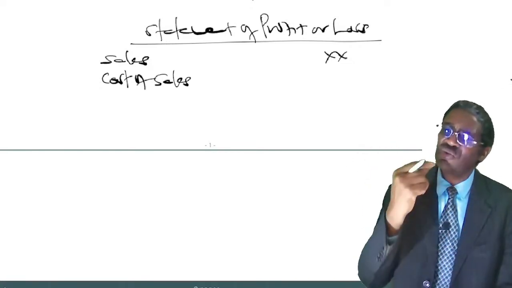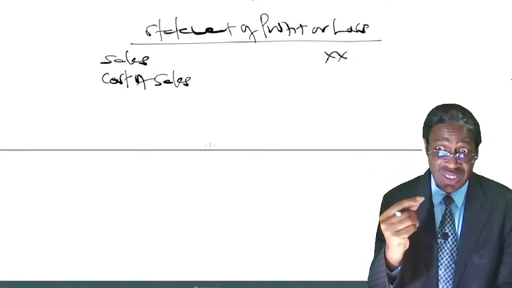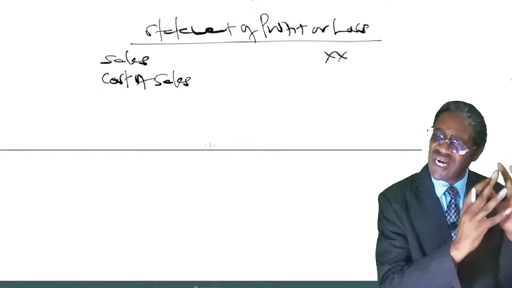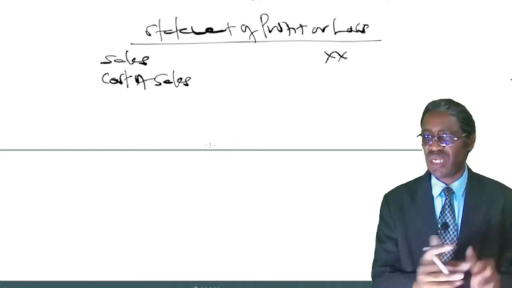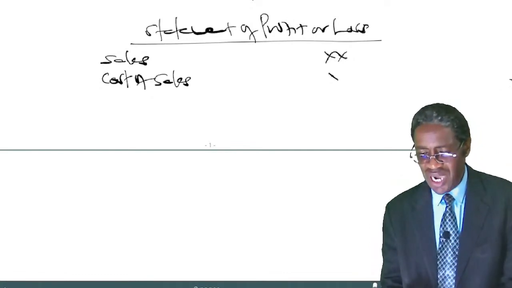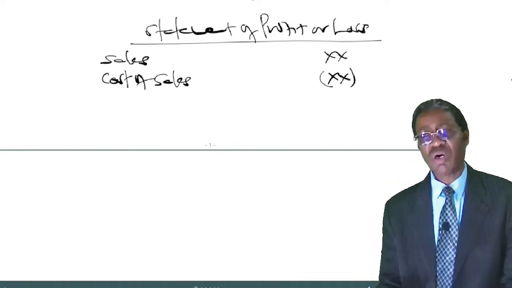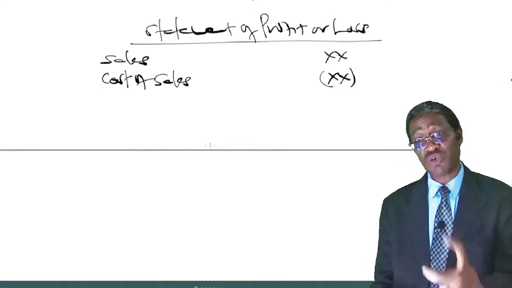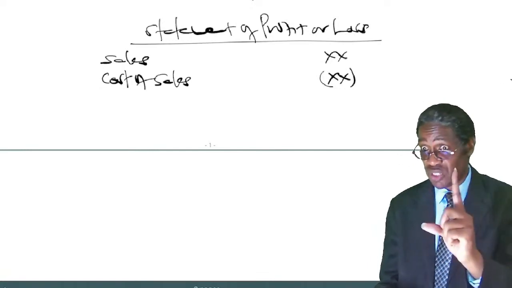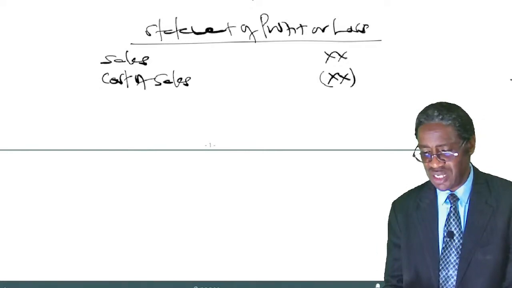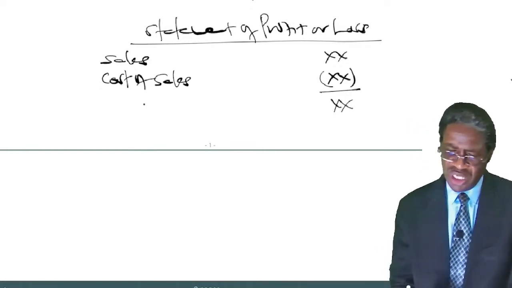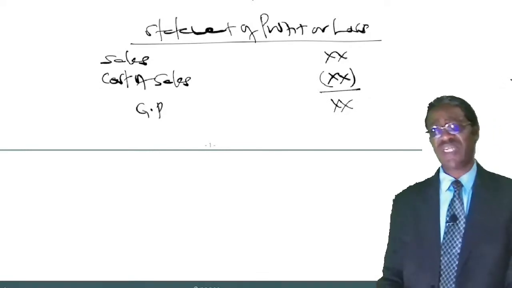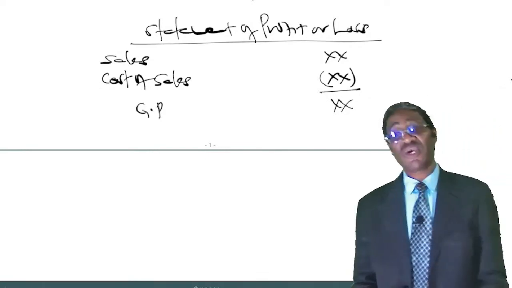But when it comes to published accounts, you are required to do the calculation of the cost of sales somewhere as a working, and then bring it as a single amount in the statement of profit or loss. That's important. Get the net, which gives you the gross profit.